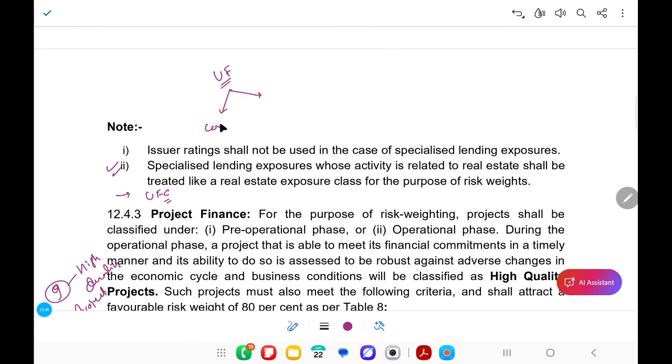So there are corporates and MSMEs, and there are retail and residential real estate exposures. If a corporate or MSME entity is borrowing in foreign currencies, the bank must calculate the potential loss arising from this unhedged exposure and compare it with the entity's earnings, specifically the earnings before interest and taxes, which is EBIT.